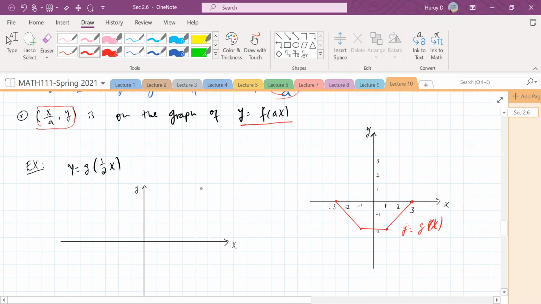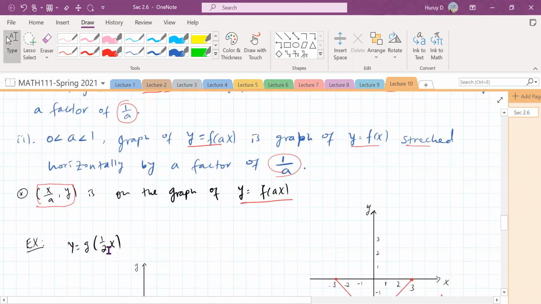Okay, and then we are asked to graph the function given by g of 1/2 times x. What do we know about this? Our a is between 0 and 1, so we have the second case.